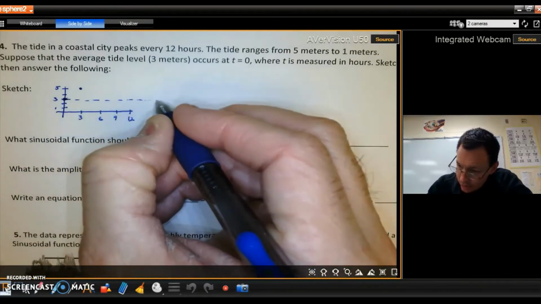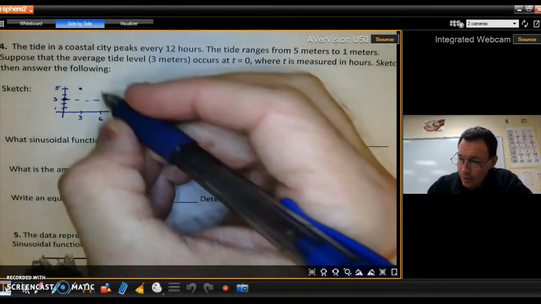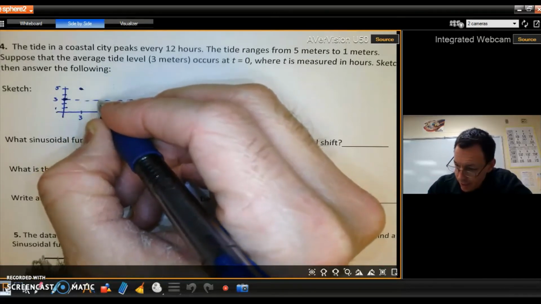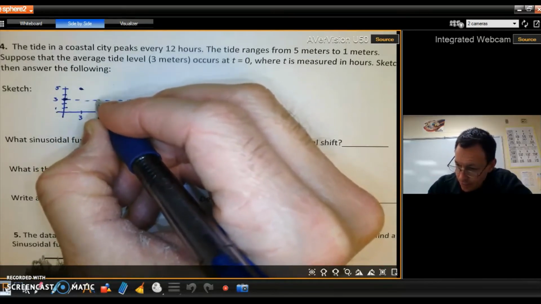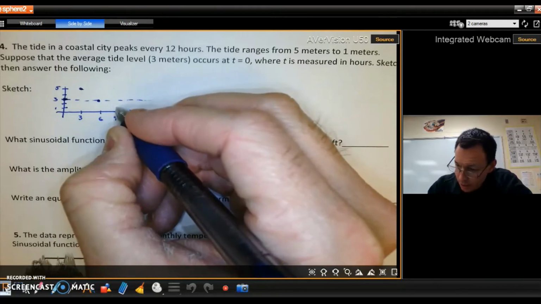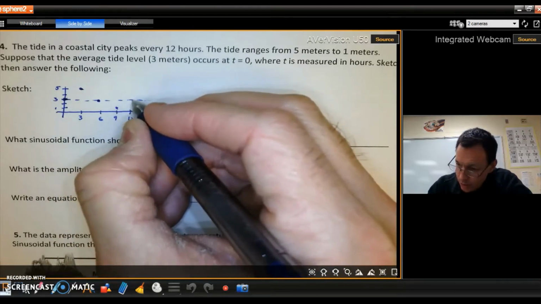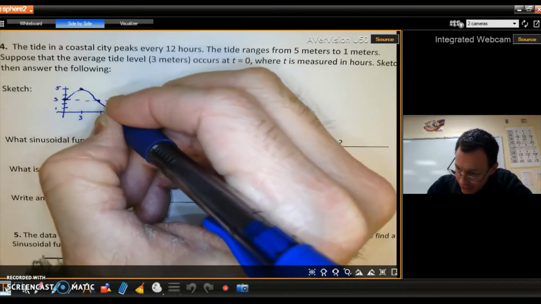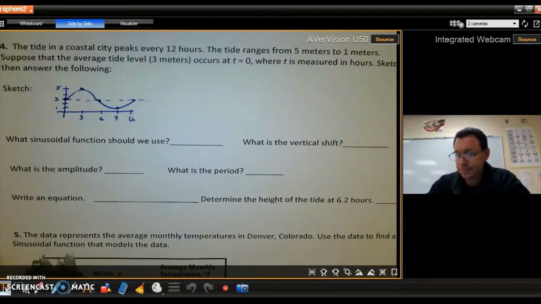That's our midline, that's our average. Because at the next time, which would be 6 hours, we're going to hit that midline. Then we should be down at our low of 1, and then back up to 3. So this is what our graph of the tides is doing.